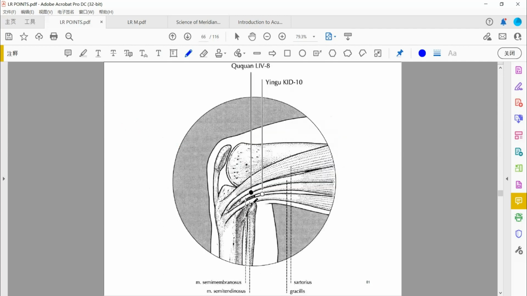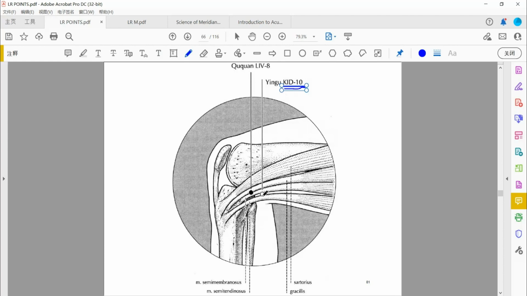See the picture. So this one is the semimembranosus, and this one is the semitendinosus. And this one is Liver 10, Kidney 10.